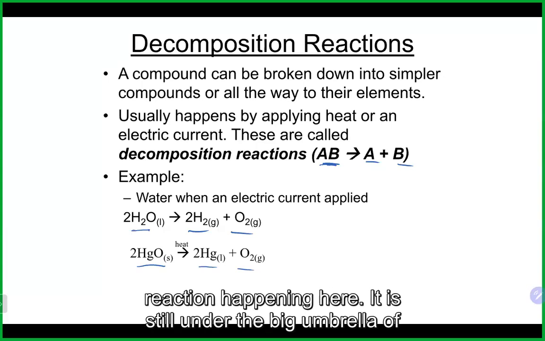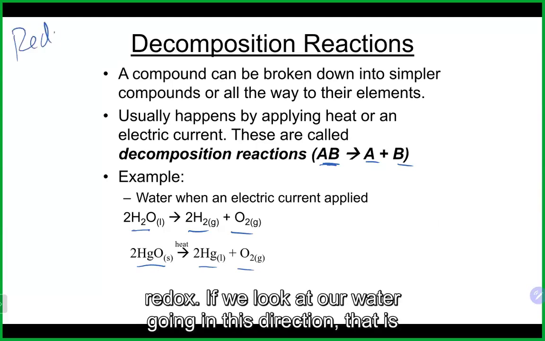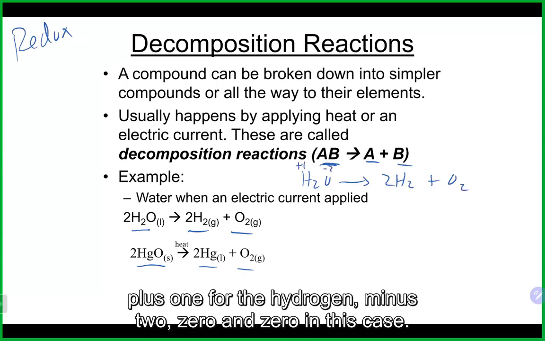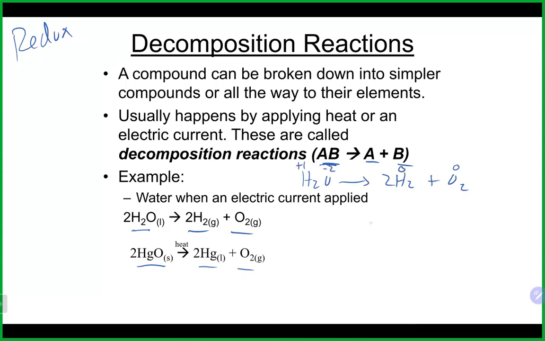It is still a redox reaction, still under the big umbrella of redox. If we look at our water going in this direction, that is +1 for the hydrogen, -2 for the oxygen, and 0 and 0 for the products.